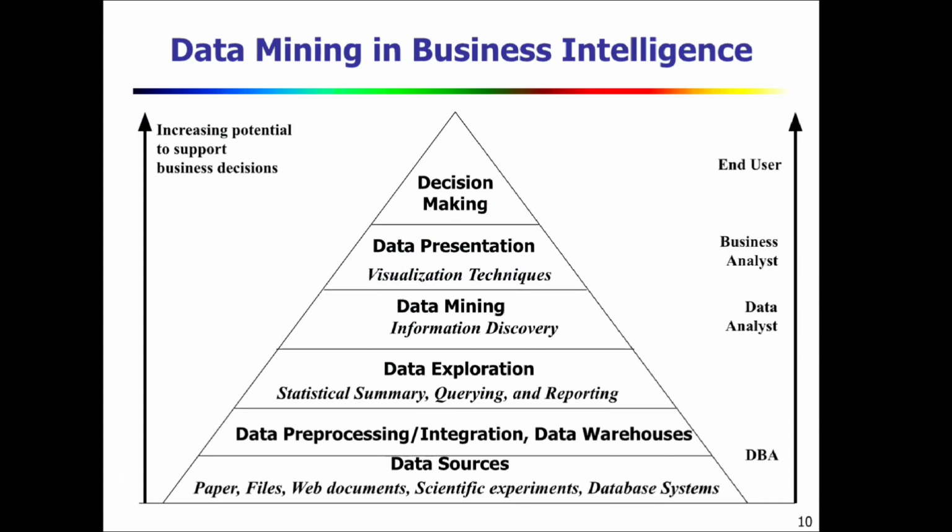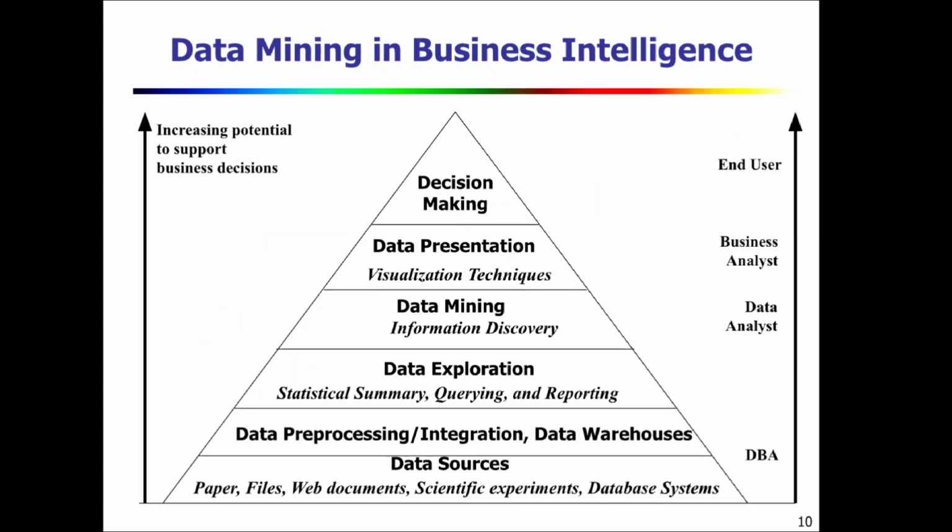And then comes data mining, information discovery from this collected data. Information discovery means analysis of data. Important patterns will be extracted after analyzing the data. After extracting the patterns, they have to be presented using visualization techniques, and decision making will happen based on those extracted patterns.